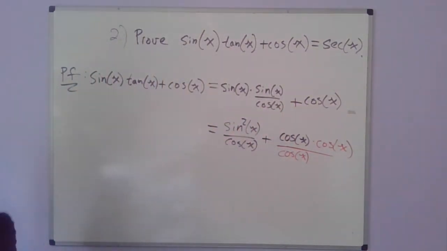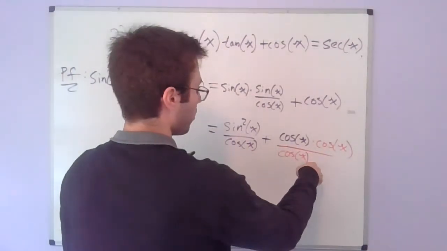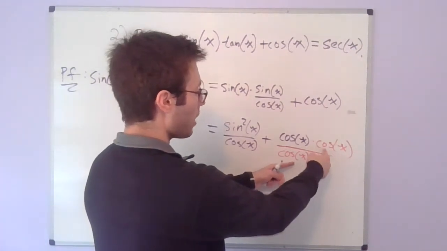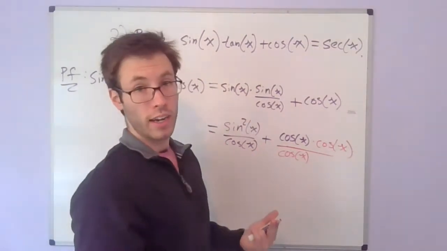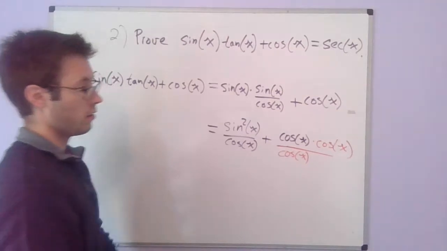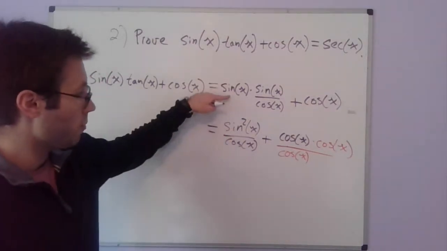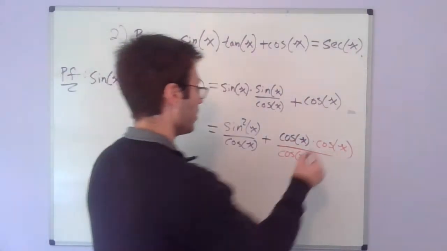What this allows me to do is cosine x over cosine x. That number is really just 1. So I have 1 times cosine x, which is equal to just cosine x. So it doesn't affect anything. So doing that did nothing to the equation from here to here. So if I was going to take that term right here is equal to this.